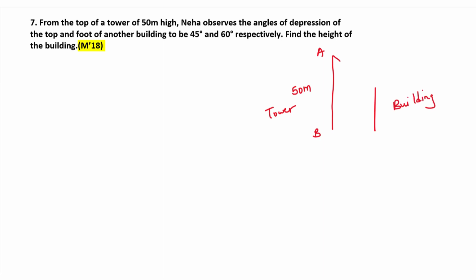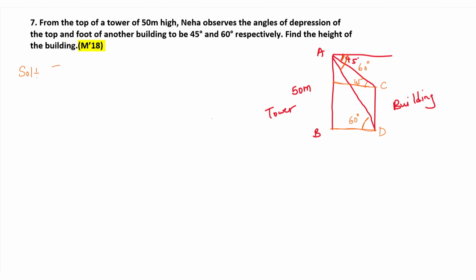When she observes the top of the building, she makes an angle of depression of 45, and when she observes the bottom, she makes an angle of depression of 60. Let the building be CD. If this is 45, this should be 45 by alternate interior angles. And if this whole is 60, this should also be 60.